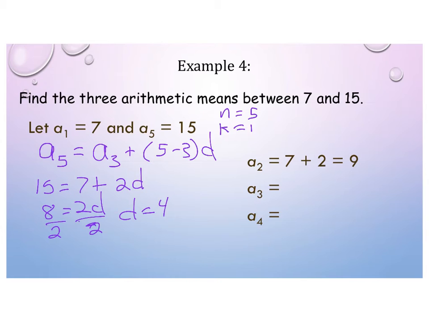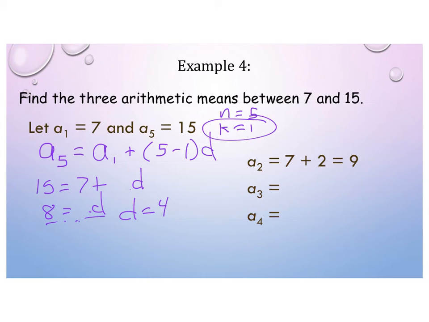I'm sorry, I just realized I had to pause for a minute and figure out what I had done wrong. Not supposed to be a sub 3, it's a sub 1. So those are all supposed to be 1s. It's a sub 1, because k was 1, right? 5 minus 1. So now it's not 2.